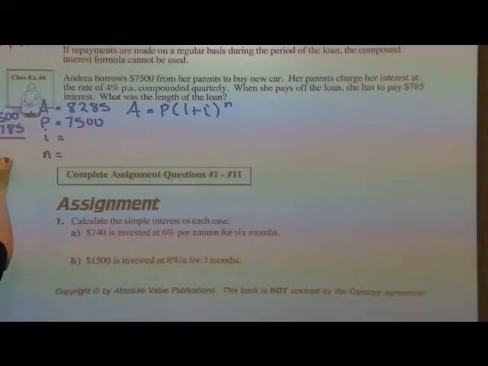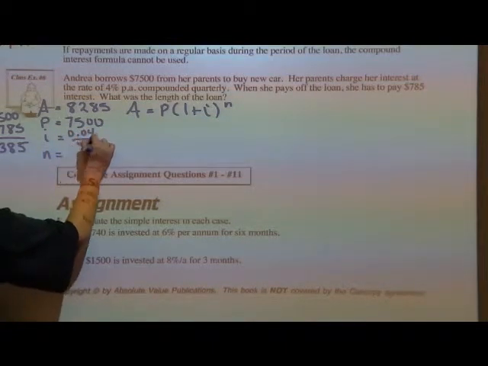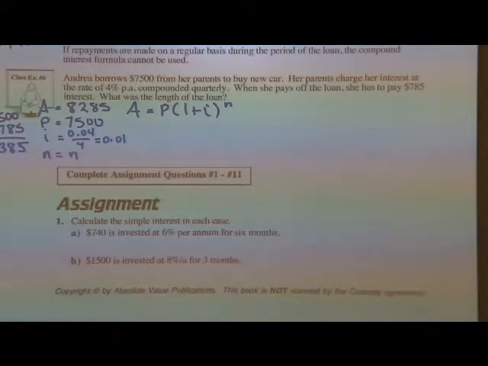Okay. What else do I know? i is 4% divided by 4, which then becomes 0.01, and then n is what I'm trying to calculate.